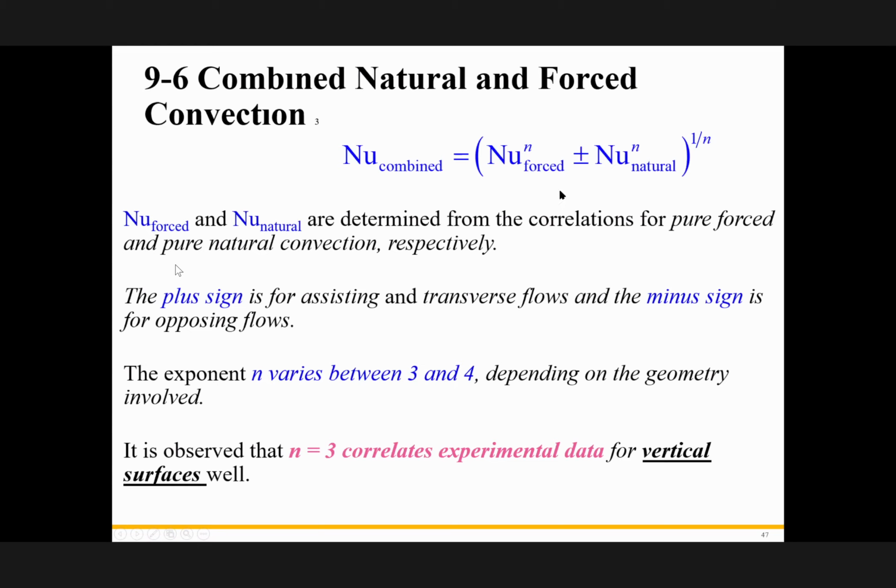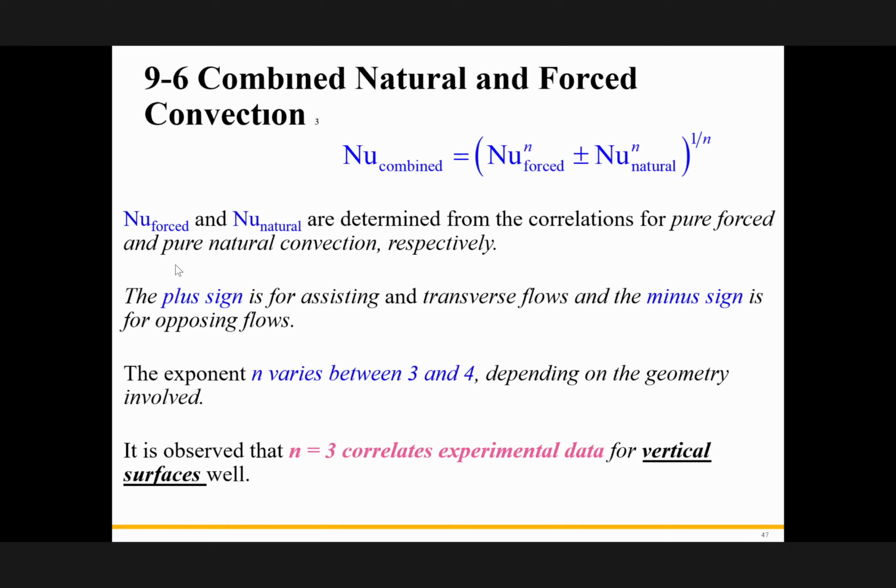This is minus in the opposite direction. And n is between 3 and 4, depending on the geometry. But for the vertical plate, n is equal to 3.